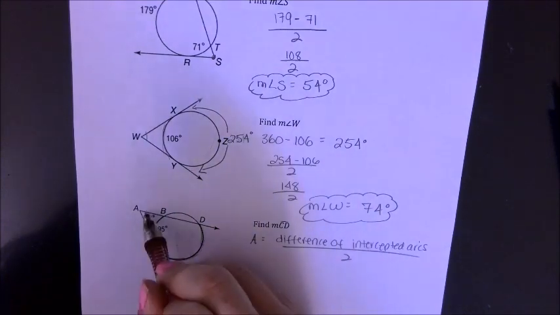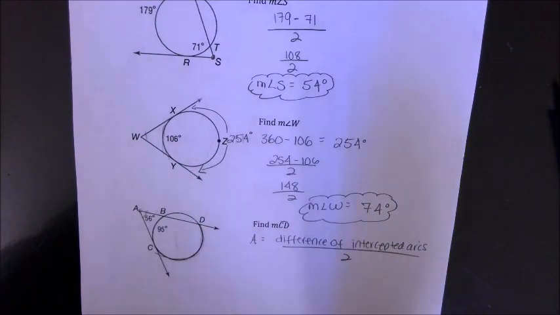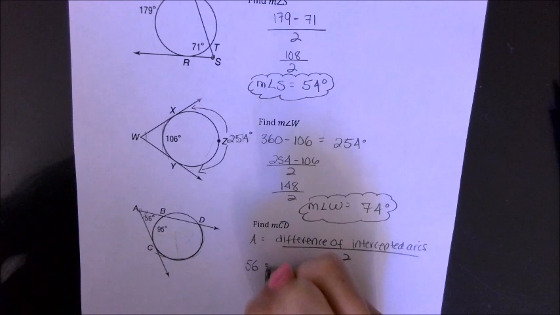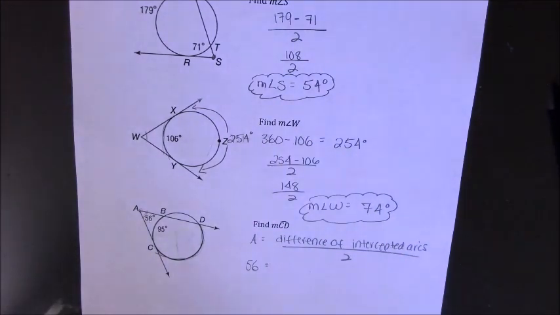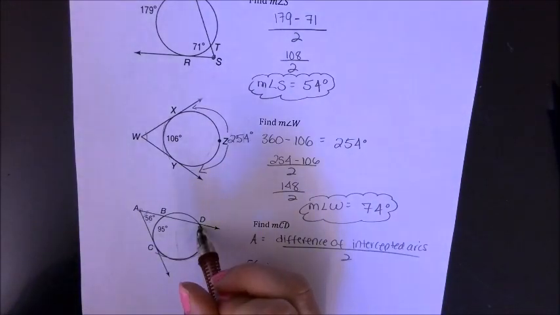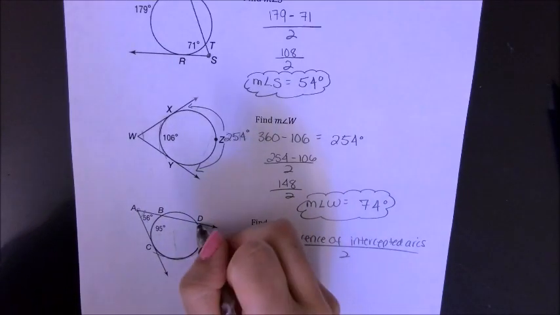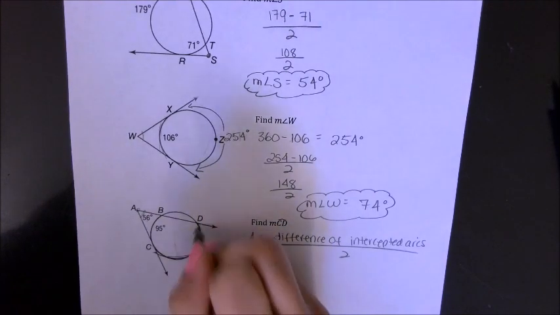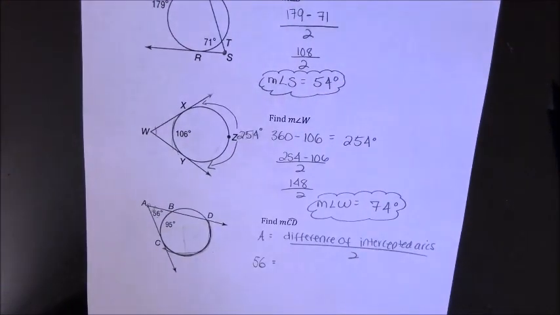Okay, so we'll slowly input our values. My circumscribed angle, it's already given, is 56. Now I want to find the difference of my intercepted arcs. Remember, it's always your major arc subtracting the minor. My major arc is right here. I don't have anything, so I replace it with a variable.